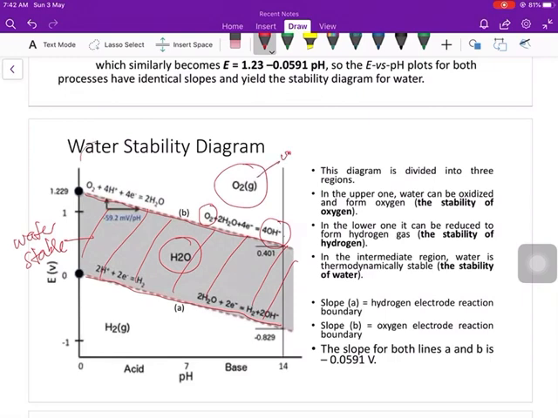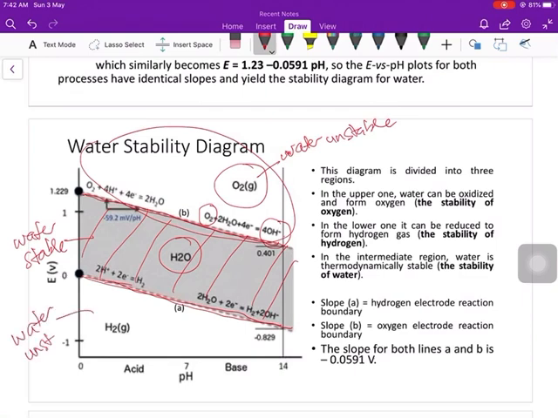So what is dominant here? Oxygen. So this is the area where water is unstable. Above this slope, this is water unstable, and below this slope, the bottom slope, water again unstable.